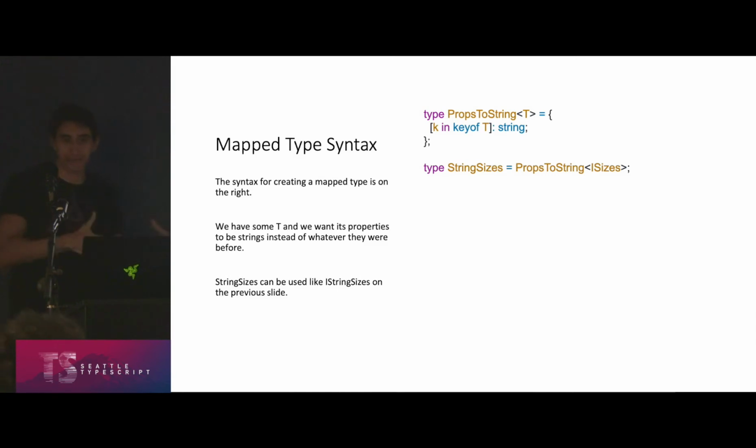So that would be taking the keys on the previous side over here, and then mapping them to strings. And you can use the mapped type like this on the second line. We would use PropsToString, and we would put the type we're converting between the chevrons, and that would give us our StringSizes.